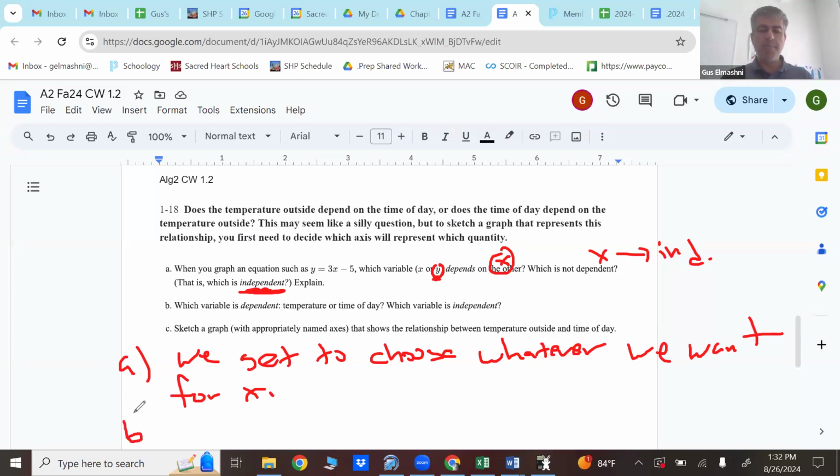Part B. Now, which one's dependent? It's going to be the temperature, my bad. And the time of day is independent.